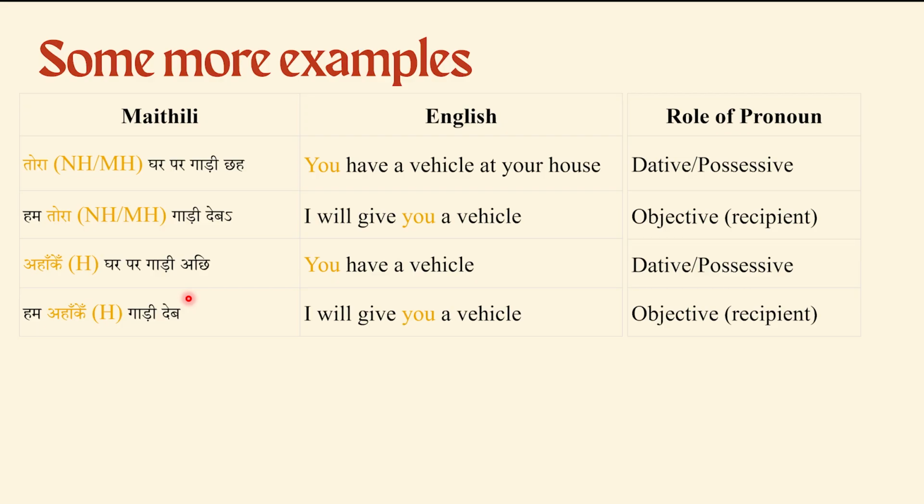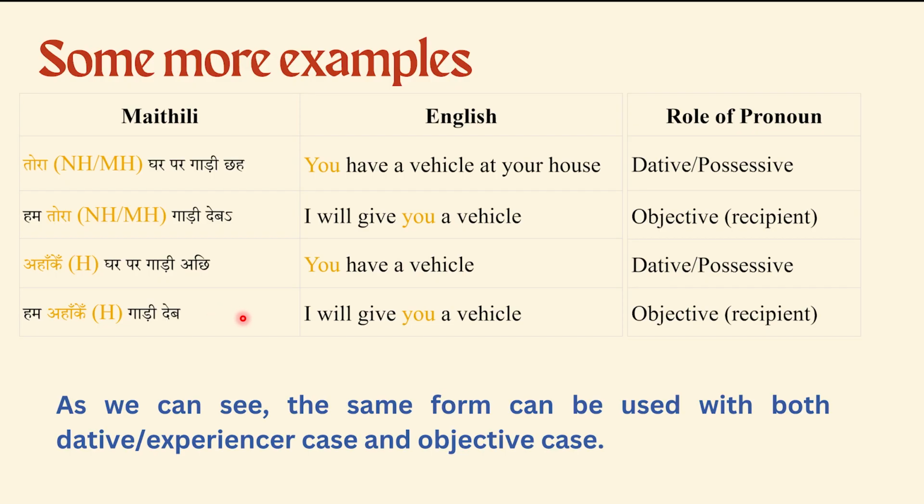And in the last one, हम अहाँ के गाड़ी देब, it is the recipient. अहाँ के, you, is the recipient of it. So, as we can see, the same form can be used with both dative experiencer and objective case.